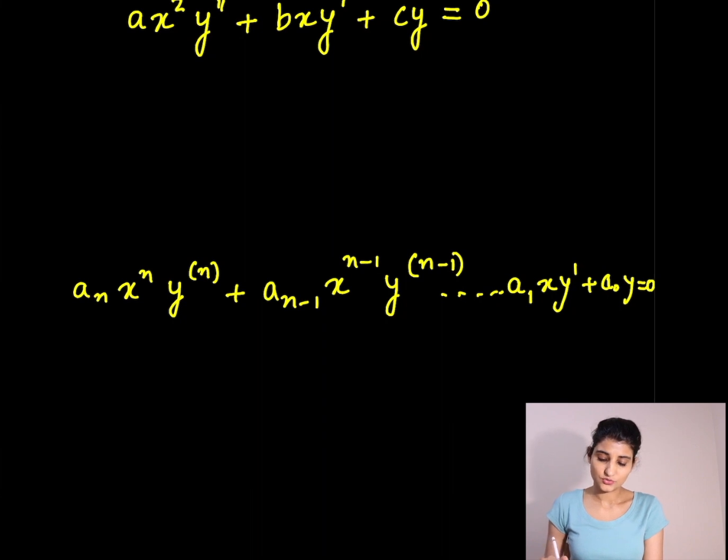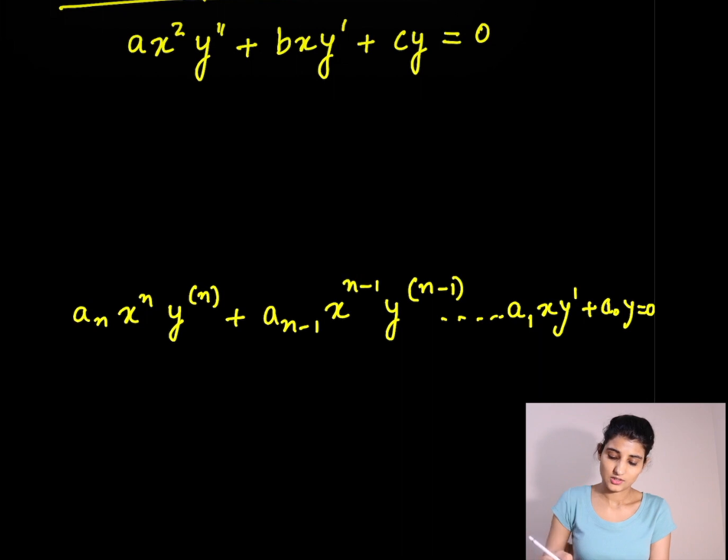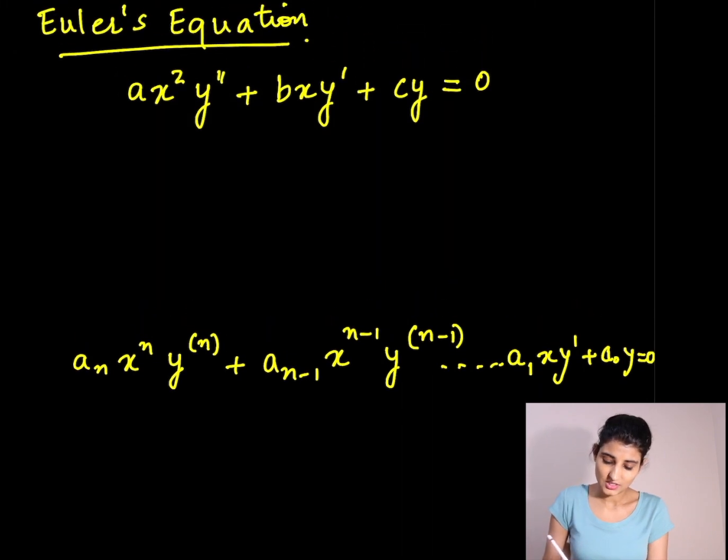So this is the form of the Euler equation, and how we solve this is very simple. We are going to use a substitution, and the substitution is v equal to ln x all the time.